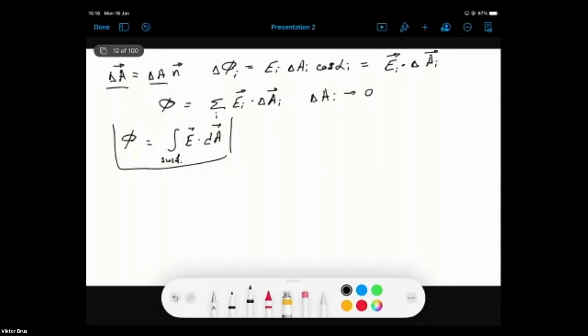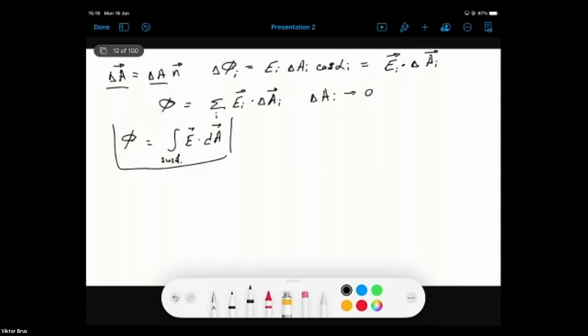So now let us specify which specific surface we are interested in. In our case, we are interested in a so-called closed surface. It means that a closed surface is a surface which divides space into inside and outside parts, and in order to move from one part to another, you always need to go through this surface.